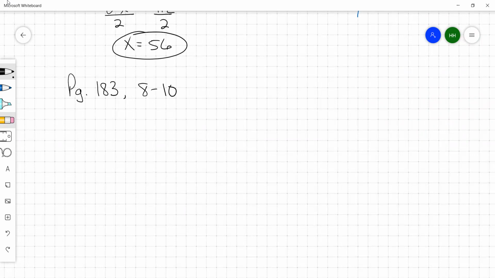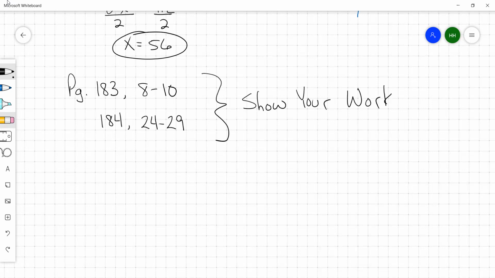And then on page 184, problems 24 through 29. And in all of these, you need to show your work. You're going to be solving for variables, so you've got to show your work.